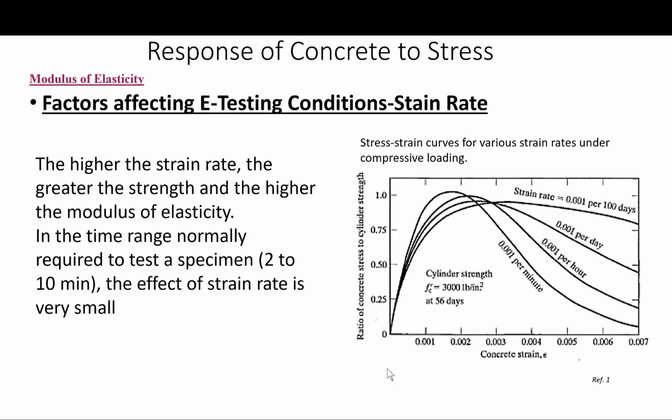It is probably best determined by dynamic methods using resonant frequency or torsional vibration of a concrete specimen. We will discuss those, as I said, in the non-destructive testing next module.